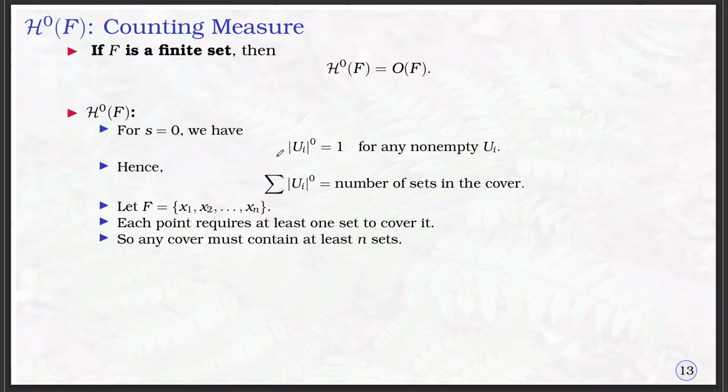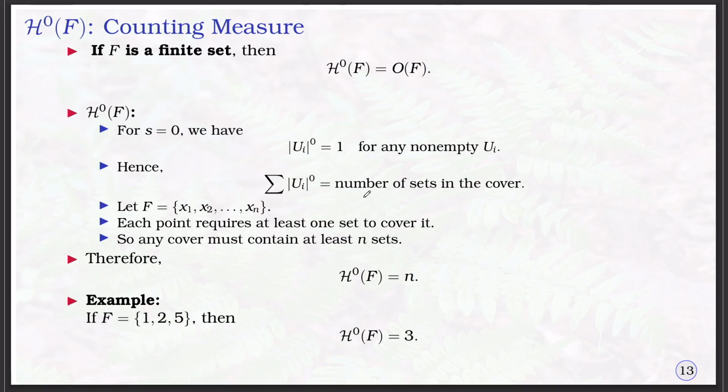So, if the set has elements x1 to xn, each point requires at least one set to cover it. So any cover must contain at least n sets. Therefore, H0 of F equals n.